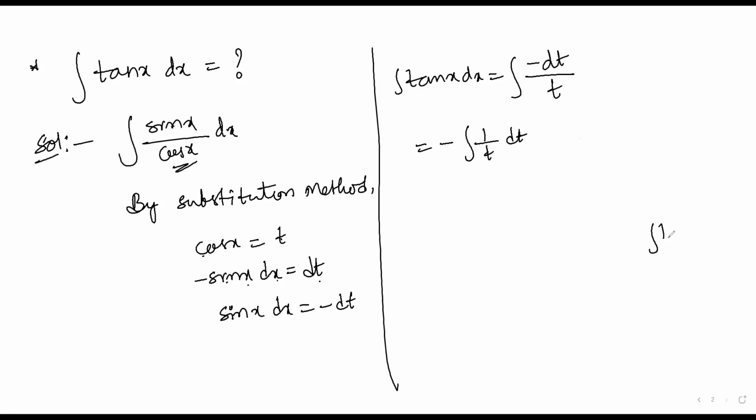Integration of 1 by x dx is what? Whose differentiation is 1 by x? Log x. The differentiation of log x is 1 by x, therefore integration of 1 by x is log x. So this will be log t.